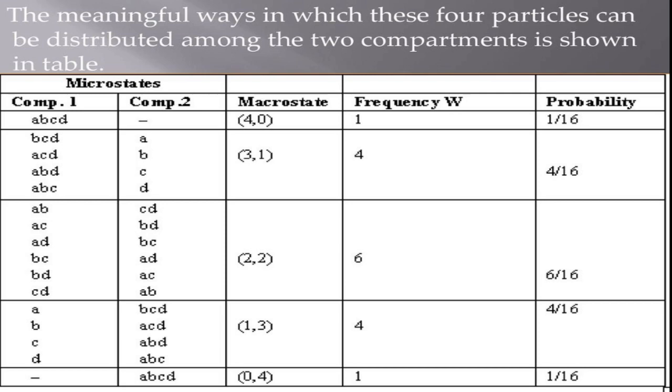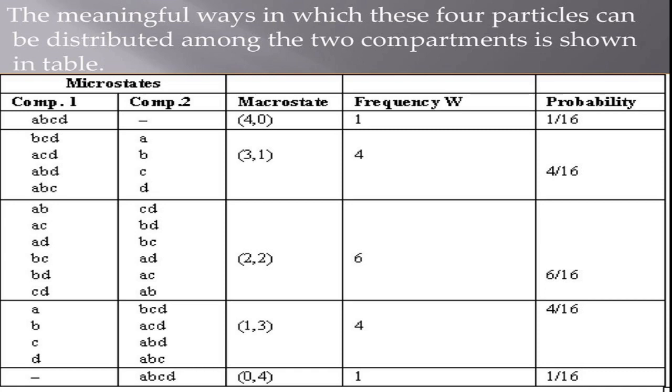This shows that we have different arrangements and how these distinct particles can arrange themselves in two equal sized, alike compartments, compartment 1 and compartment 2. So for four different particles we have five macrostates. What are those five macrostates? 4,0, 3,1, 2,2, 1,3 and 0,4. And for these macrostates we have different microstates.